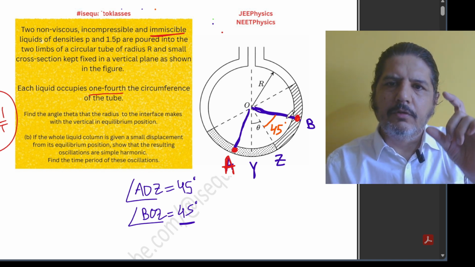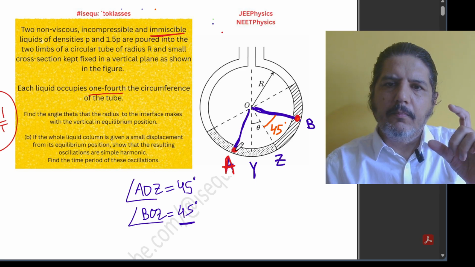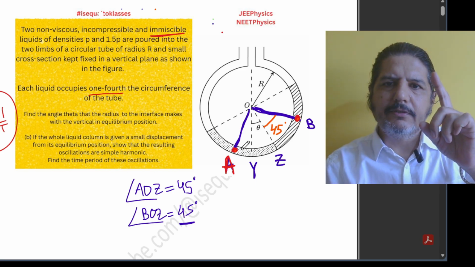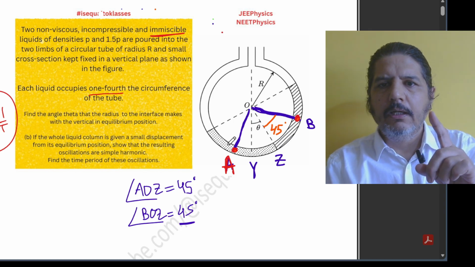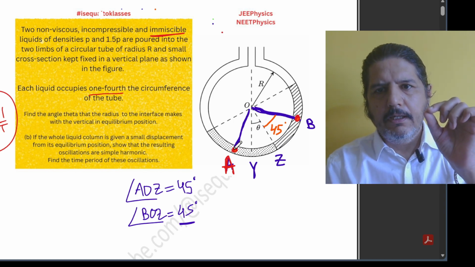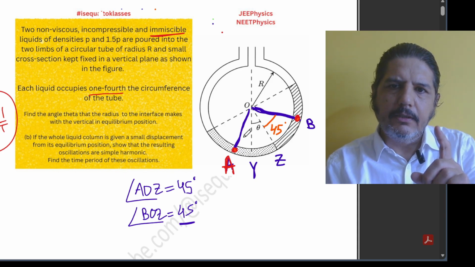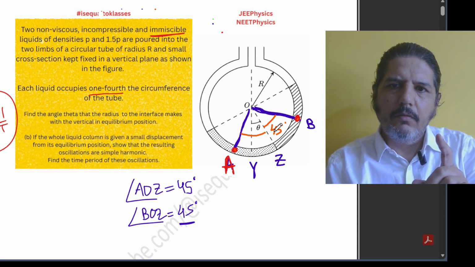Similarly, point A is the location where the center of mass of this whole liquid is, and I have marked it A, and angle AOZ would be equal to 45 degrees.